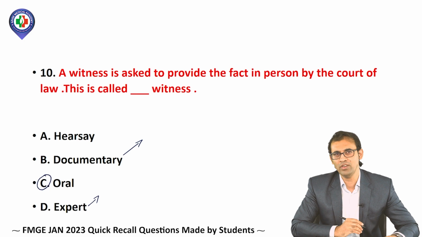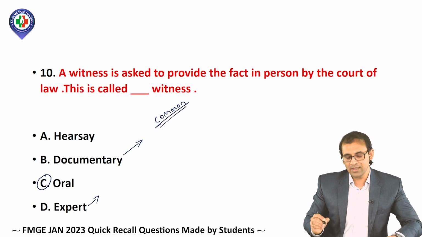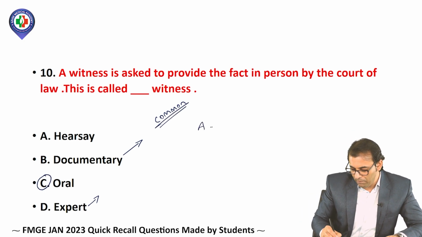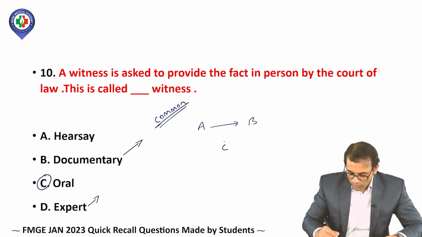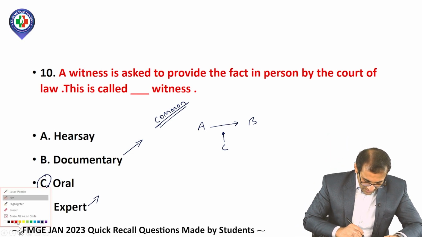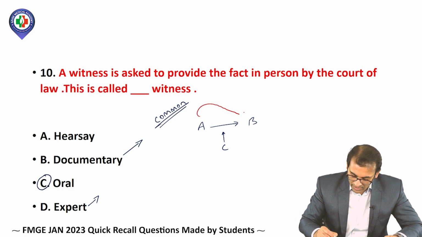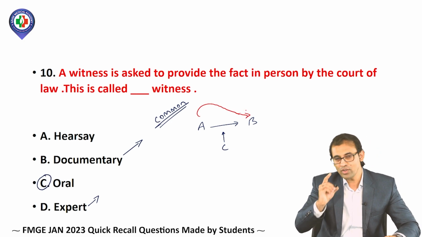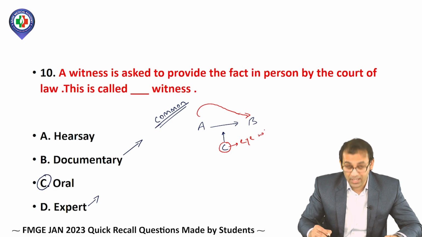What about a hearsay witness? See, when I talk about a common witness, for example, A and B were fighting on the road and C was watching them. Suddenly A opened his firearm and killed B. This was seen by C, so C will be called an eyewitness, a common witness.